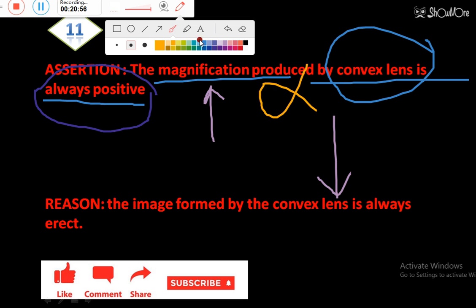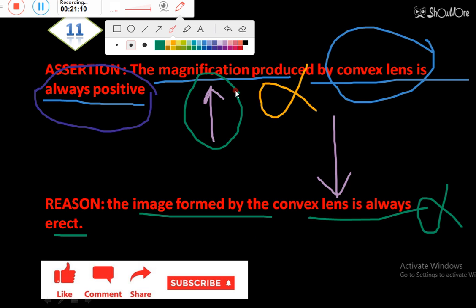The reason is, the image formed by the convex lens is always erect. This is also false, because convex lens can give upward images also, that are virtual images, and downward images also, that are real images. So here both are false. It is again an extreme case, I think, because this option will not be available in the examination, since we do not provide this option when both are false.